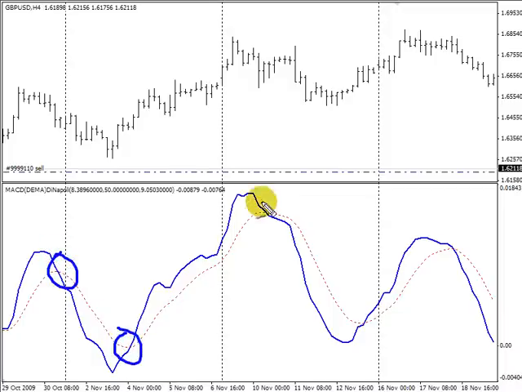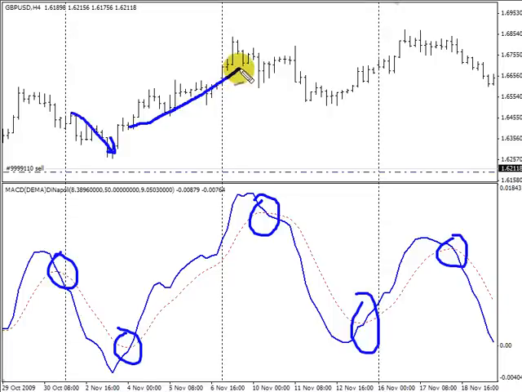Sell, buy, sell, buy, sell, buy. So in here we got a potential sell, and the market went down. Here's a potential buy over here, and the market sustained a buy mode until the next sell mode, which is right here.